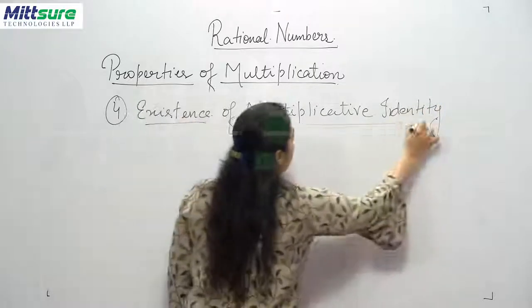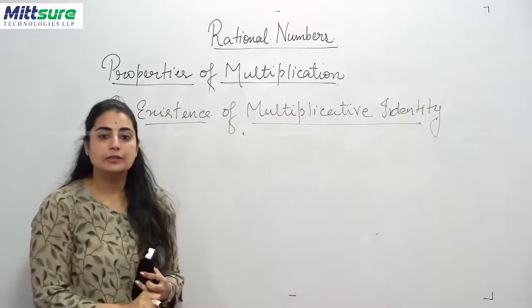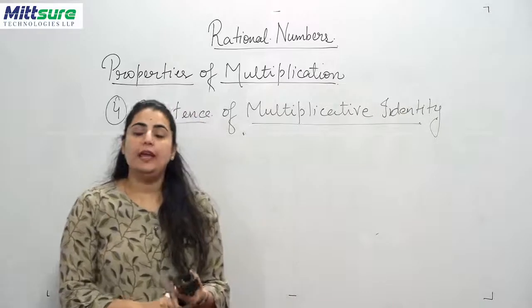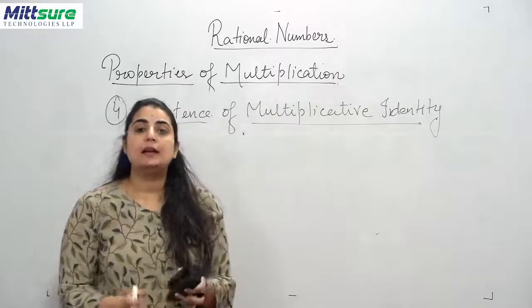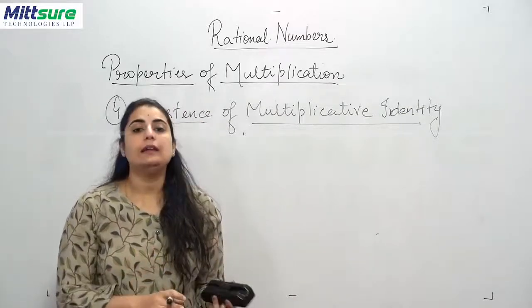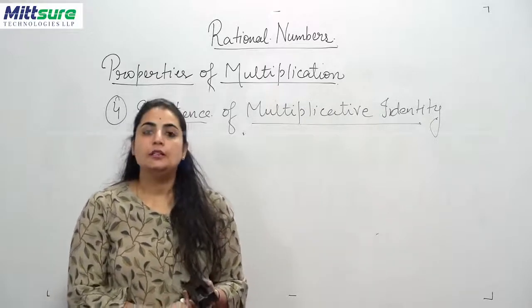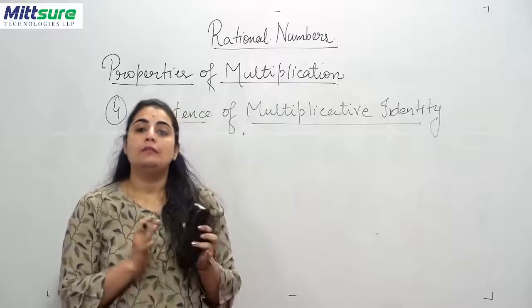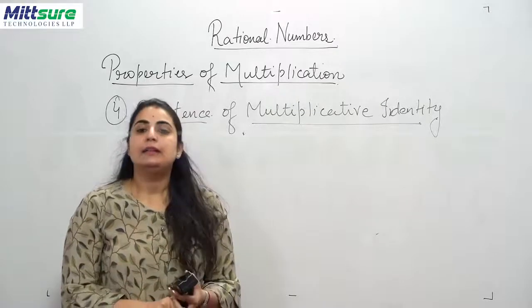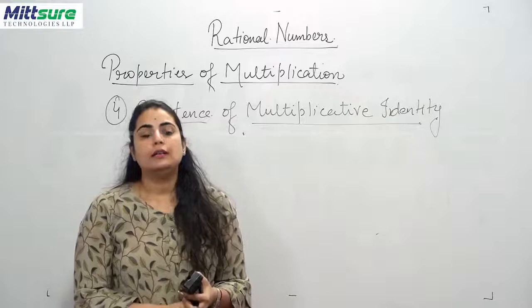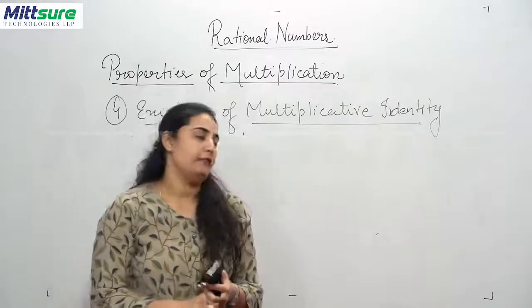Now this property of multiplication talks about that whenever any rational number is multiplied with 1, then the product is the rational number itself. Or if you multiply 1 with any rational number, then also the product is the rational number itself.